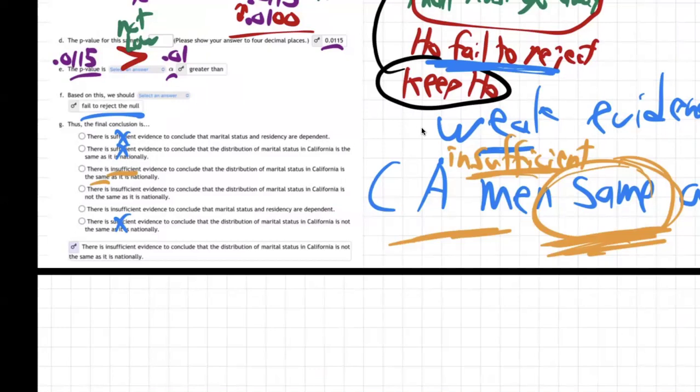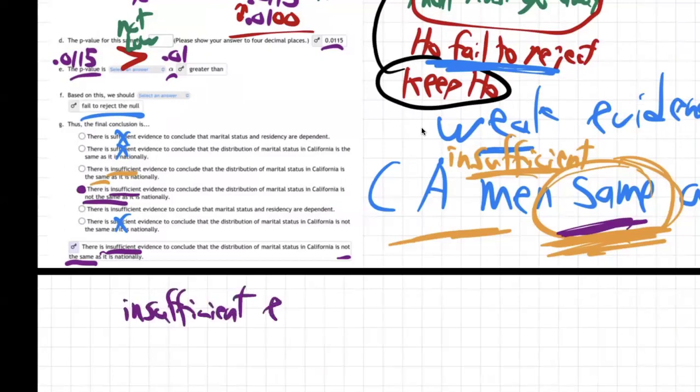The real answer is right here: insufficient, not the same. Why? Why are you choosing not the same? Because the statement says there was insufficient evidence.